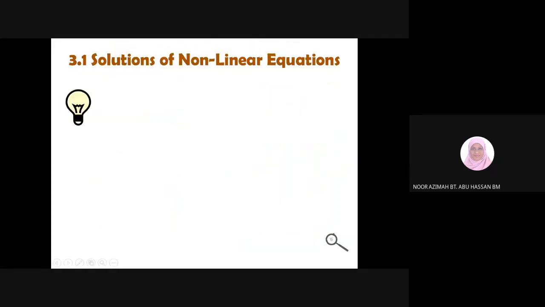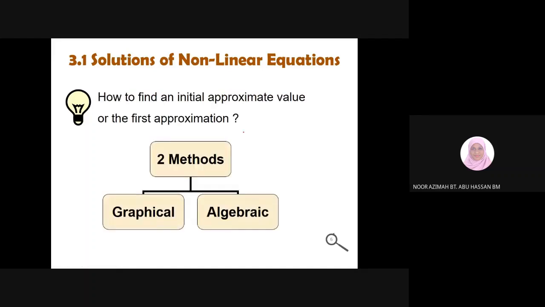Moving on, 3.1, solution of nonlinear equation. How to find an initial approximation value or the first approximation. The initial approximation value means the starting value, what value we would like to test. It is represented as x0 or x1.